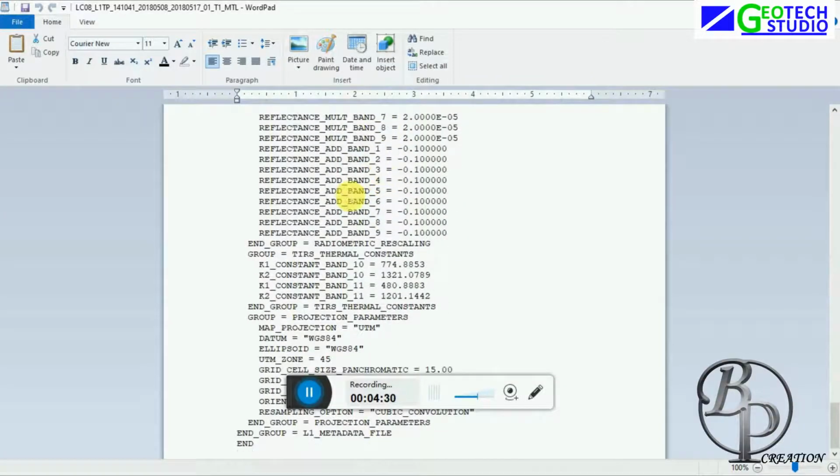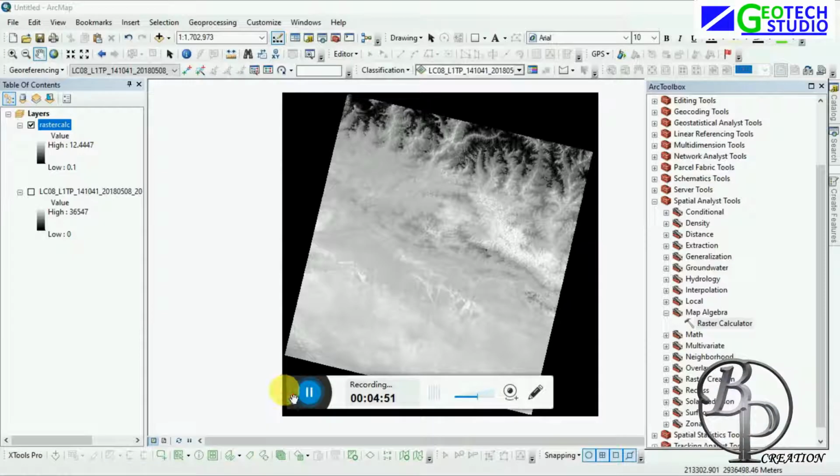We get the K1 and K2 constants from our metadata file that we downloaded along with Landsat. These are the two constants, K1 and K2 for band 10, to calculate the top of atmosphere brightness temperature, and we are going to use them in our raster calculator tool.